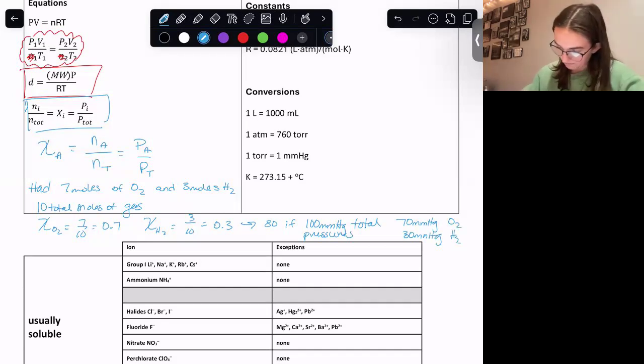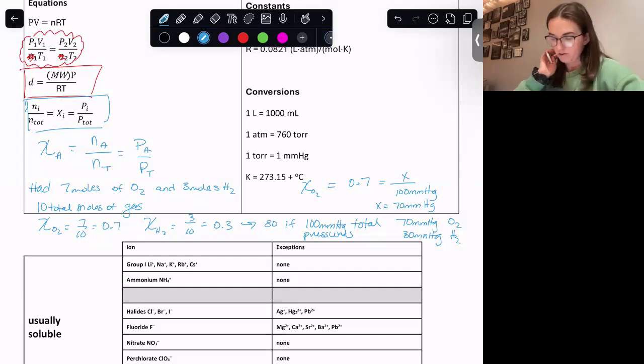Because we can say that 0.7 is equal to X over 100, so X would be 70 millimeters of mercury. And this 0.7 came from the mole fraction of oxygen. Does that make sense, Will? Cool.